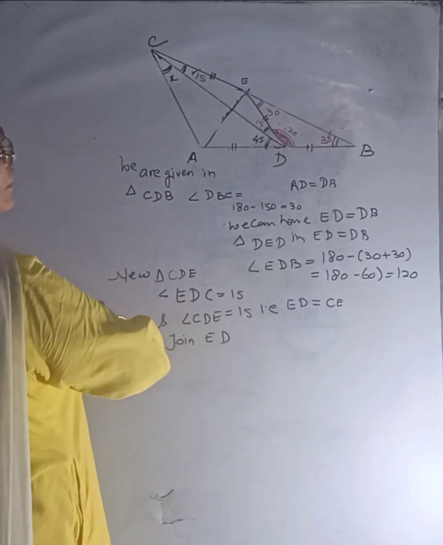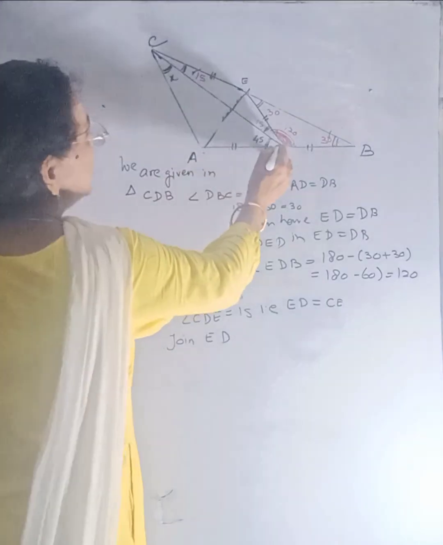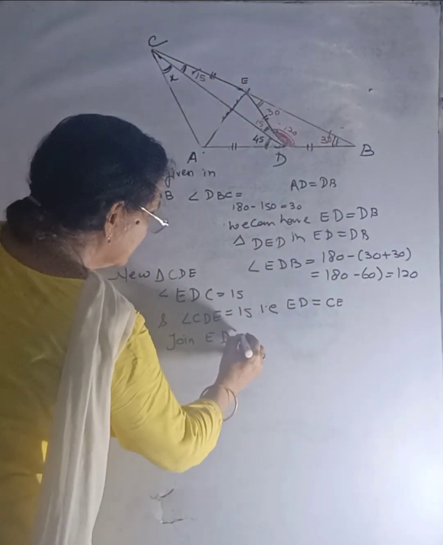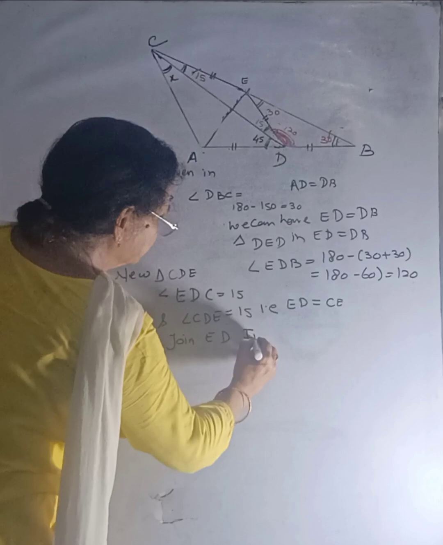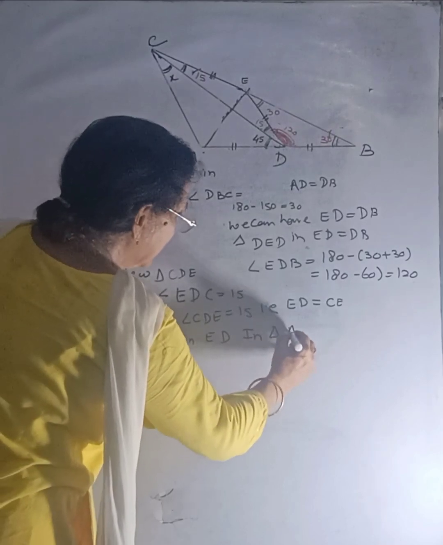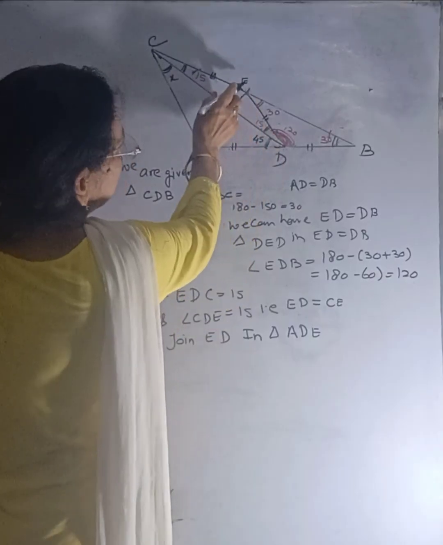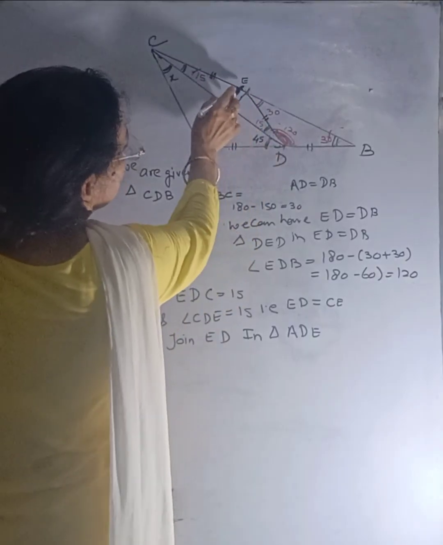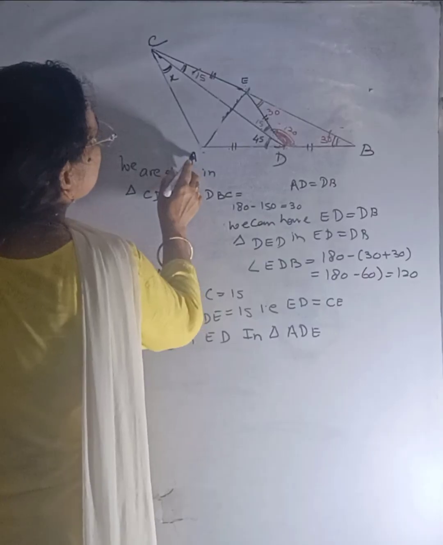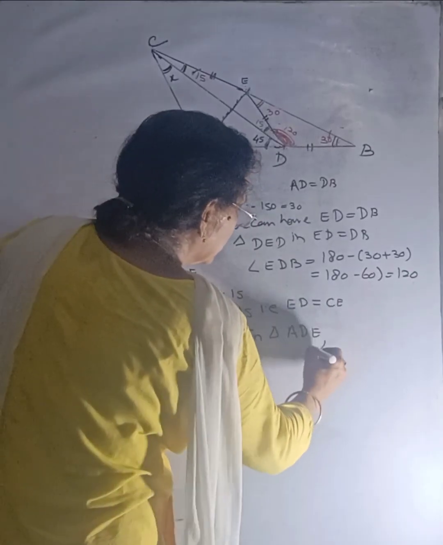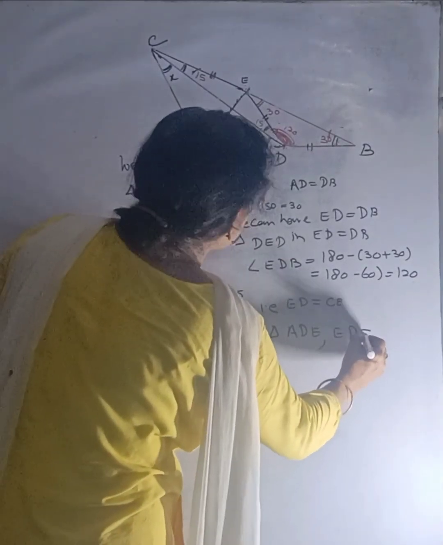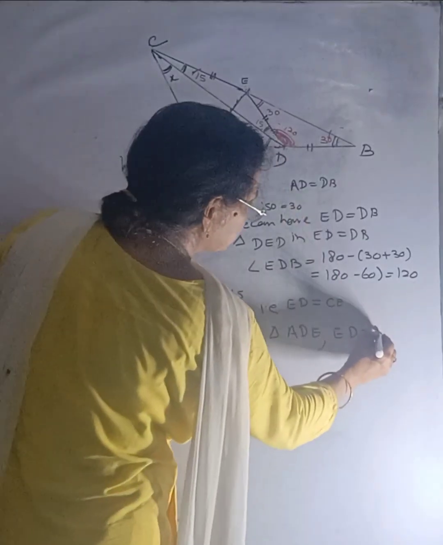Now further we have a new triangle ADE. In triangle ADE, ED is equal to DA.